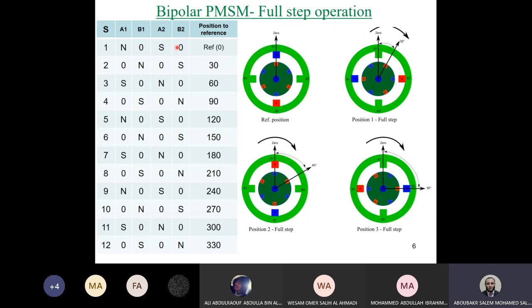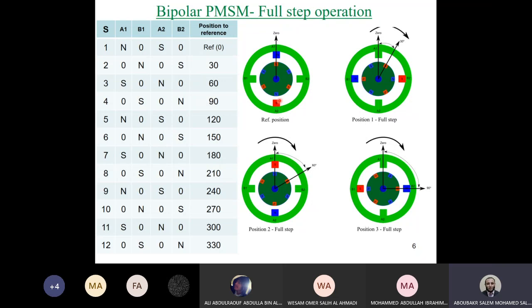Coil number 2 is not energized, so we expect no poles in coil number 2. So you will have N here and S on the other side. The N here will attract the closest S, and at the same time S will attract the closest N. So the rotor will be in equilibrium in this case, and we can consider this the reference case for the motor here.